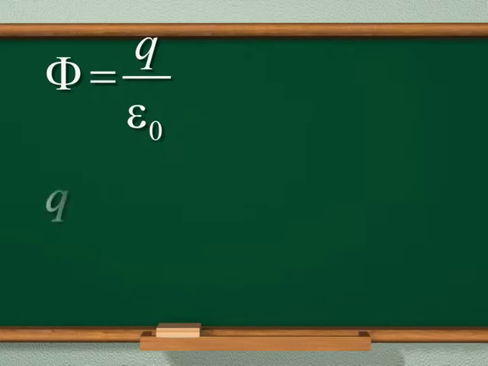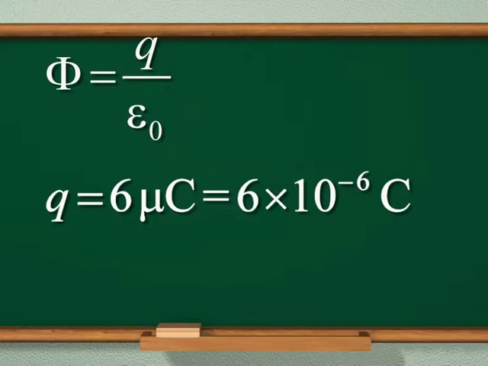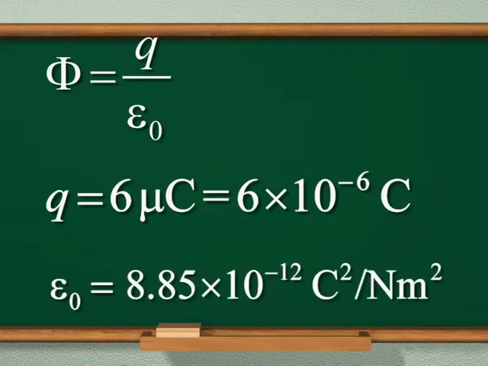We have Q is equal to 6 microcoulomb, which is equal to 6 into 10 raised to the power minus 6 coulomb, and epsilon naught equal to 8.85 into 10 raised to the power minus 12 coulomb square per Newton meter square.